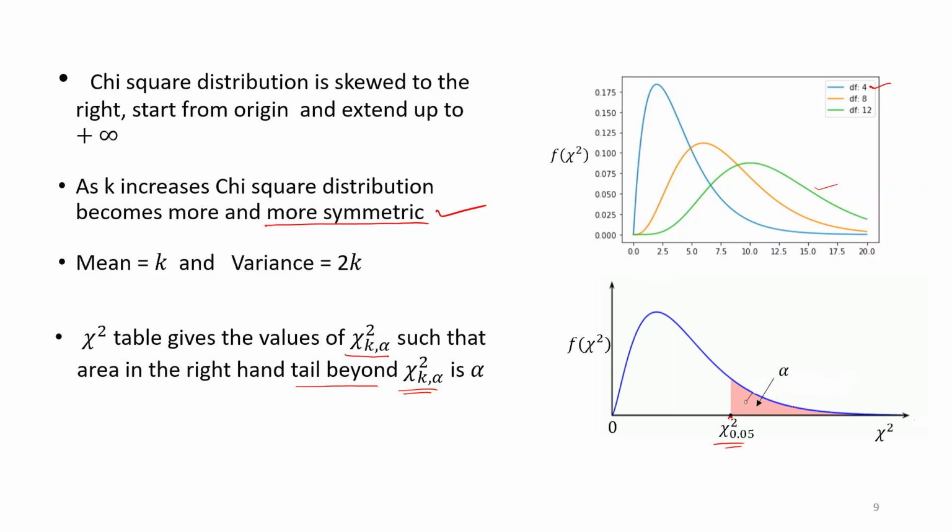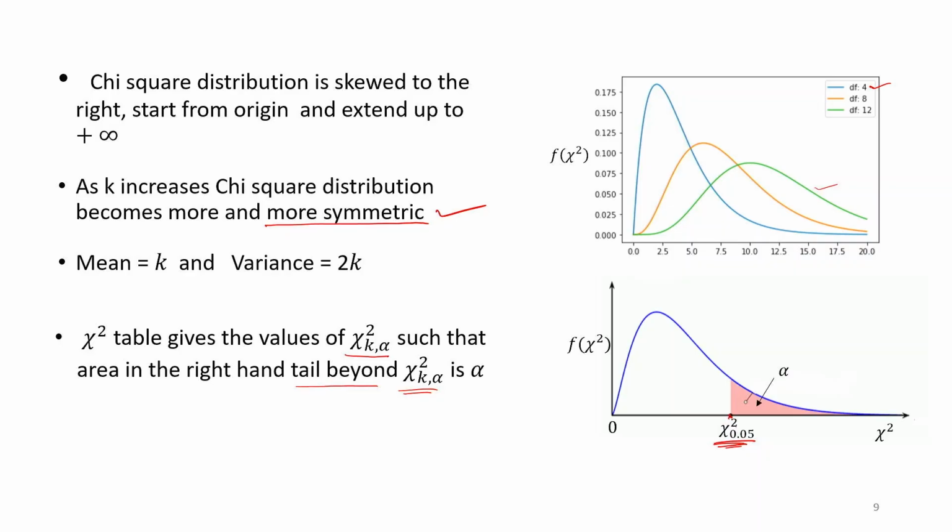So this area shown by this pink is the area of the chi-square distribution curve, or you can say, the probability. So for different values of alpha, the chi-square values have been quoted. For a certain value of alpha, whatever is the chi-square value will be given in the table. Then if I keep changing the value of alpha, we'll get different values of chi-square.